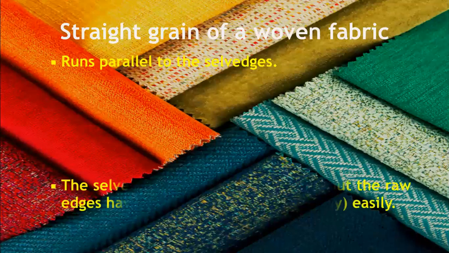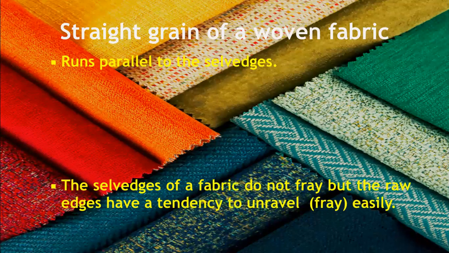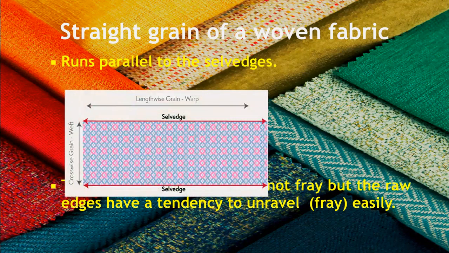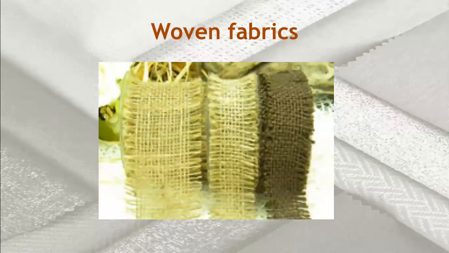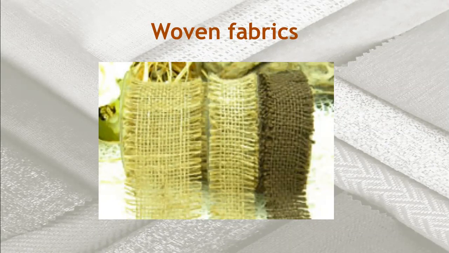The selvages of a fabric do not fray, but the raw edges have a tendency to unravel easily. From what you can see in this picture, woven fabrics fray easily.